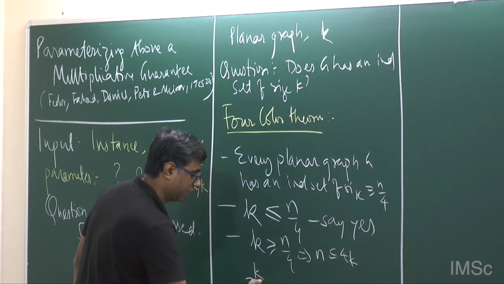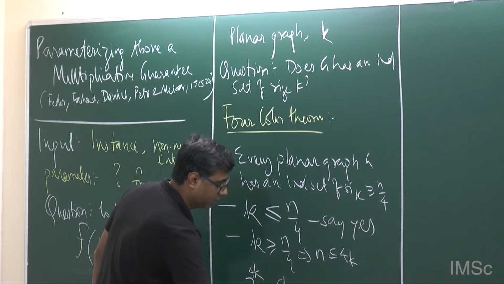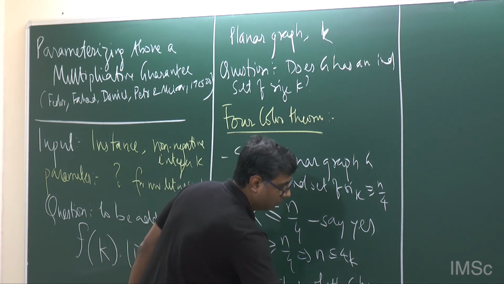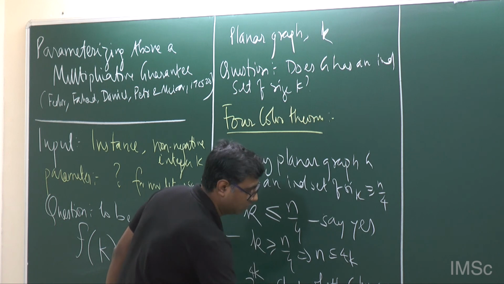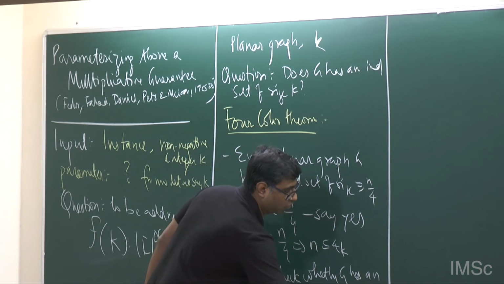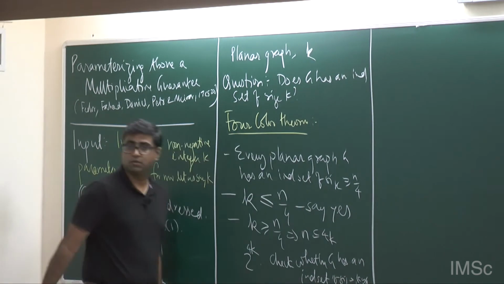So in 2 to the power 4k time, I can check whether G has an independent set of size k or not, right?